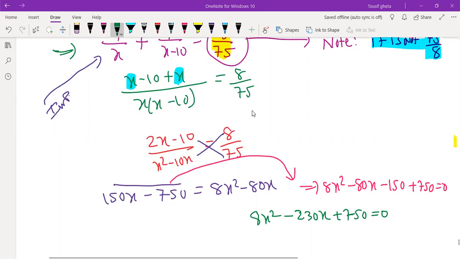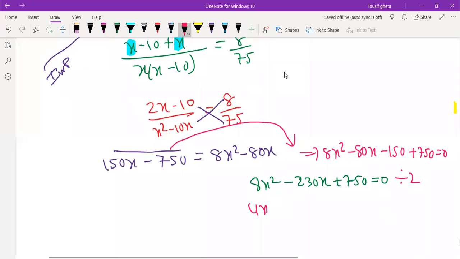Divided by 2 you do. 2 is common, so you can divide by 2, so that the equation will become smaller. Sir, we take 2 hours instead of 1 hour.